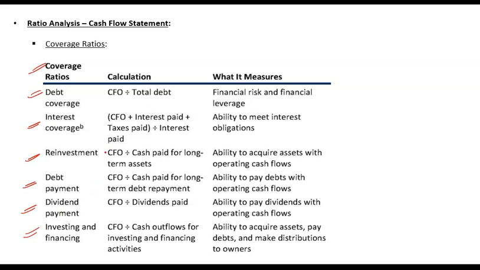In all of these ratios, in the denominator, we will take the requirement or need of cash, the area where cash is needed or required. And then in the numerator, we will take the cash that is being used for that purpose, to pay that off, to meet that need.